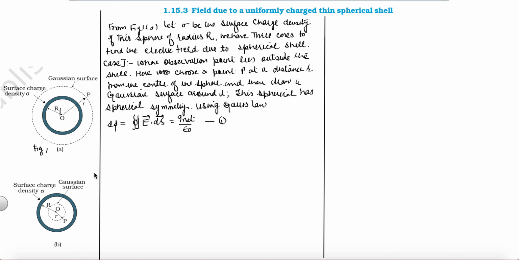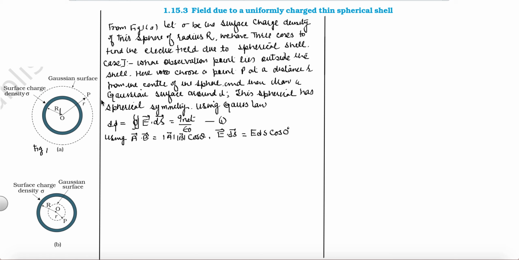Before integration we have to remove the vectors using a dot b equals magnitude of a times magnitude of b times cosine of the angle between them. So E dot ds is equal to E ds cos 0 degree, because E and ds are in the same direction.